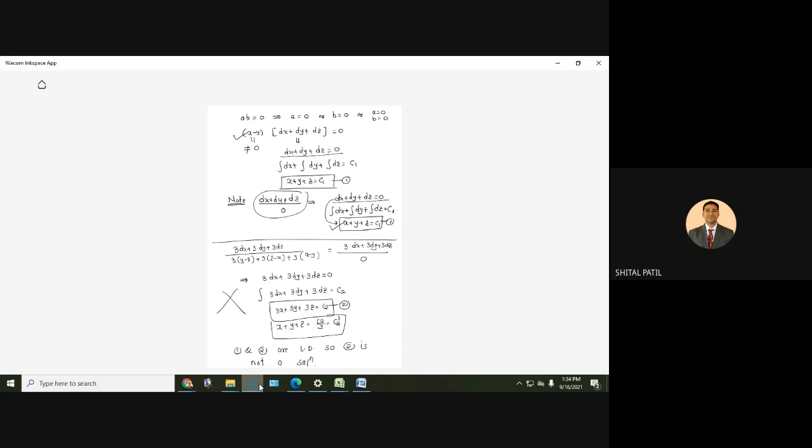Yes, sir. So let me change the page and let me find the set of multipliers. Okay, for this example I will do it myself. So I'll write like this.